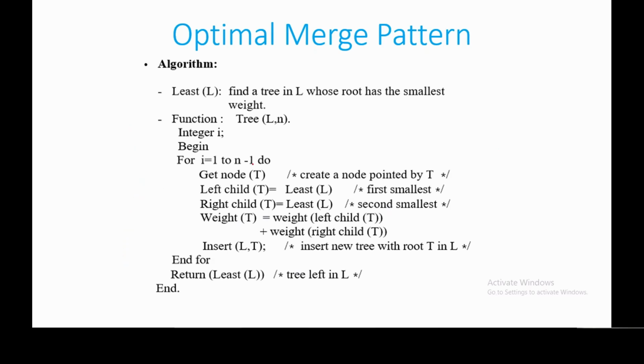So now let's understand what can be the complexity of this particular optimal merge pattern. So you can see here this process is running O of n minus 1 times. Now the complexity of this process will be constant, O of 1. And for this process, we are just finding the smallest element.